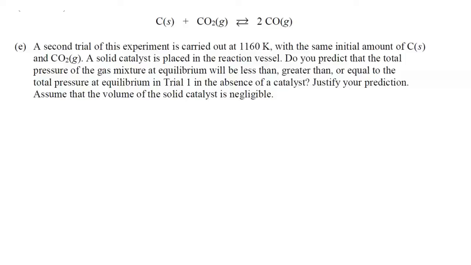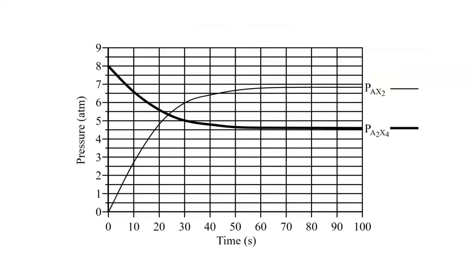Do you predict that the total pressure of the gas mixture at equilibrium will be less than, greater than, or equal to the total pressure at equilibrium in trial 1 in the absence of a catalyst? Justify your prediction. Assume that the volume of the solid catalyst is negligible. So will a catalyst change the amount of either carbon monoxide or carbon dioxide that is present at equilibrium?